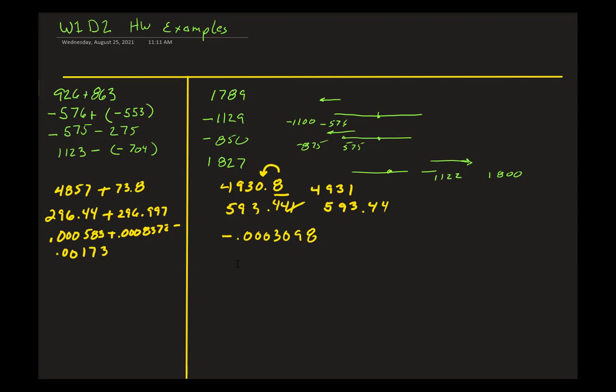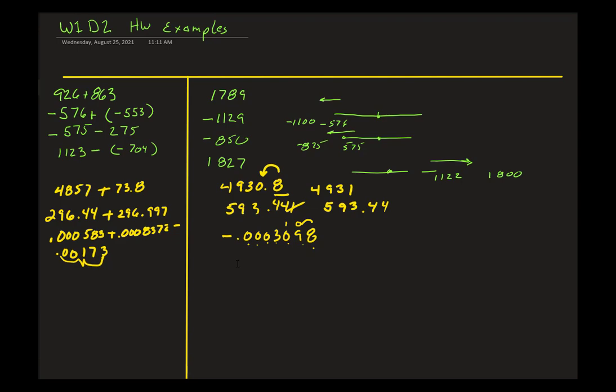Now we know that we need to get down to the 5 places past a decimal, and we've got 1, 2, 3, 4, 5, 6, 7. So we got too many. So we're gonna have to round. The 8 is bigger than 5, so we have to add 1 here, which makes this a 0, and it makes that a 1.